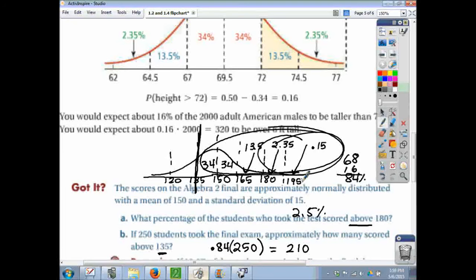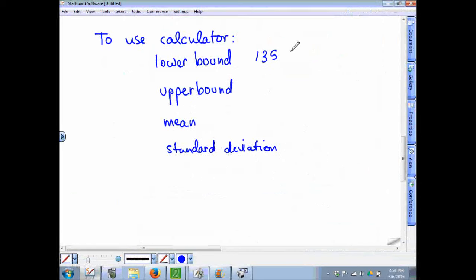Really this goes on forever and ever, this line out here, but for an upper bound, you could just do some big positive number like 1,000 or something like that.